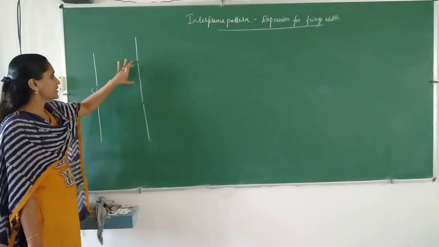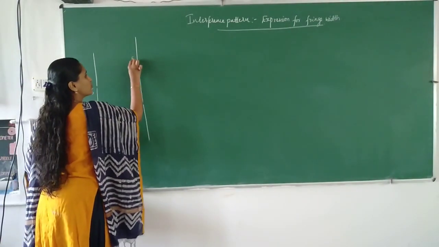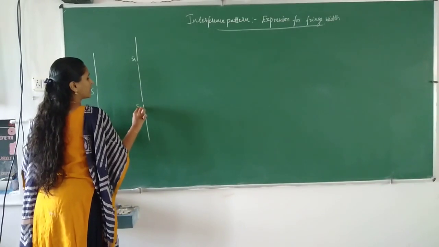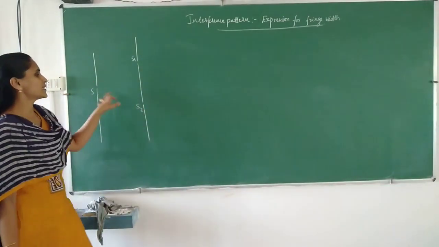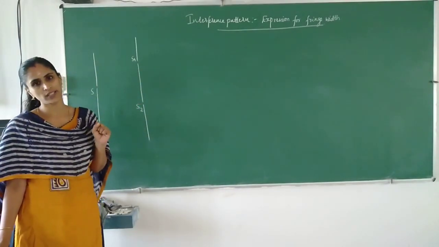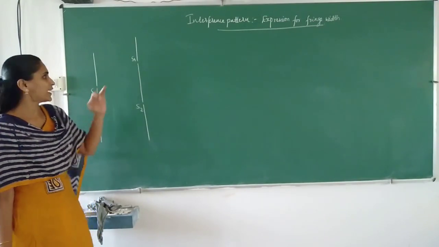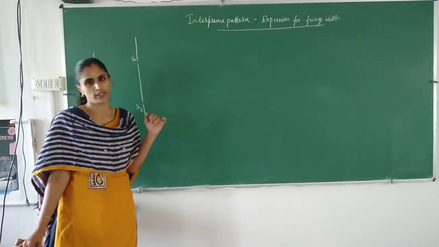When the light enters this region, these two slits S1 and S2 are kept equidistant from the source slit, so that we can say these two slits S1 and S2 are acting as coherent slits.